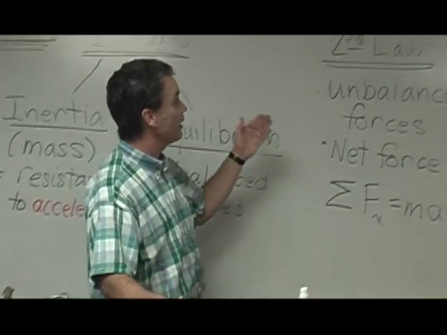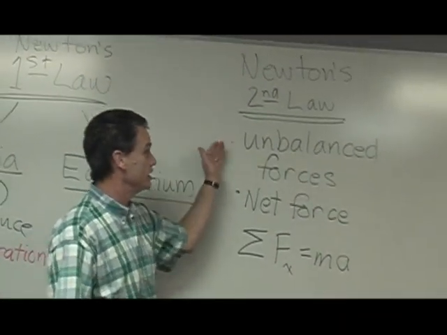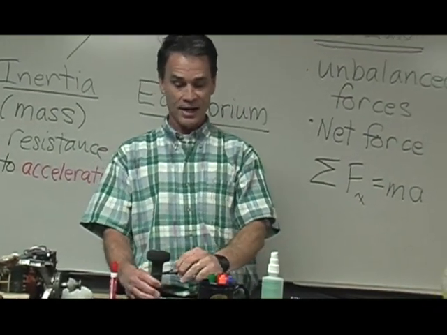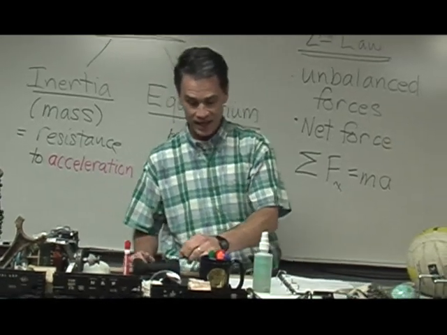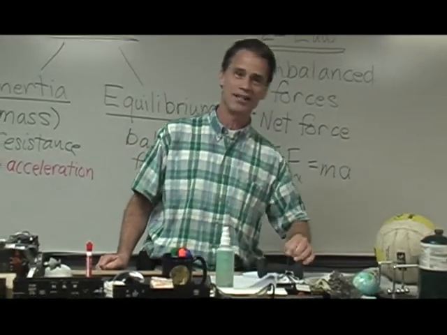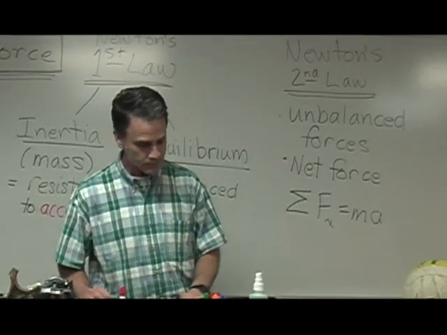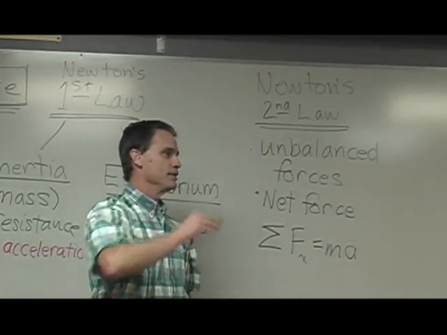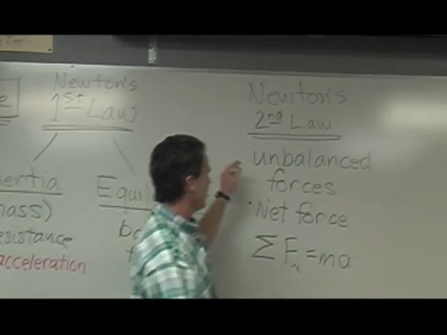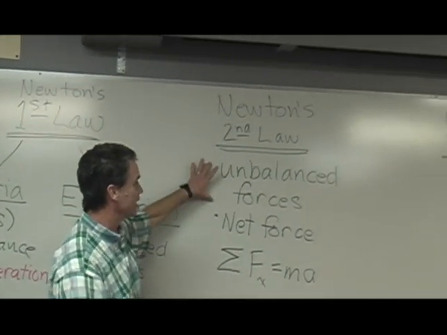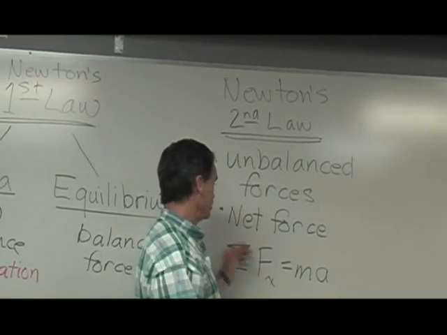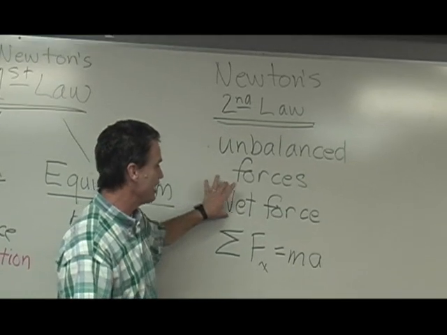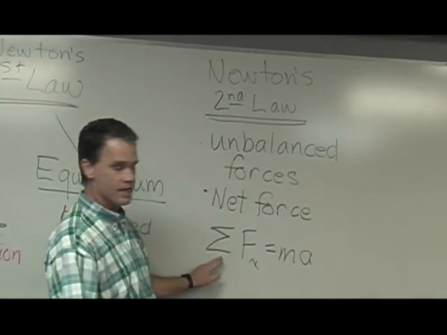And then there's, in the second law, the idea of unbalanced forces. For instance, instead of balanced forces on this weight, you might have unbalanced forces, and so it might accelerate in that direction. I might cause an unbalanced force on this volleyball. And that unbalanced force causes an acceleration. That unbalanced force is also known as a net force, and it's written this way.